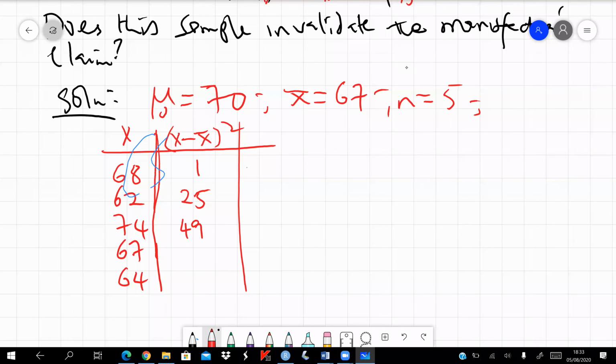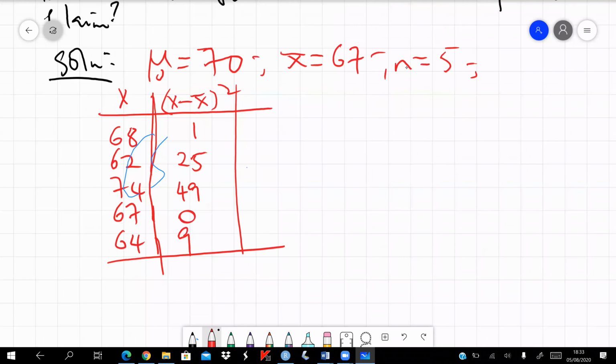Next, this will be 0. This will be 9. Okay, so I need to sum this value, summation of x minus x bar squared. It gives us how much? 84, is it so?